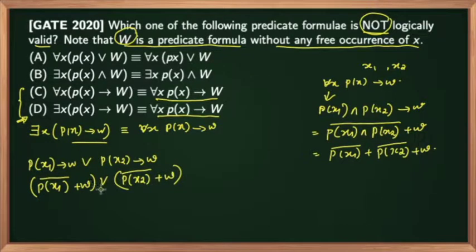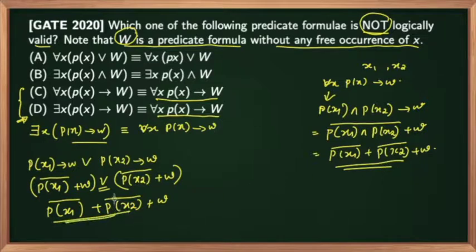So this is OR operation here. So we can say this should be equal to P of x1 bar plus P of x2 bar plus W, right? And we are having the same equation here, right? So that means these two are equal. So definitely C should be invalid. So answer should be C.